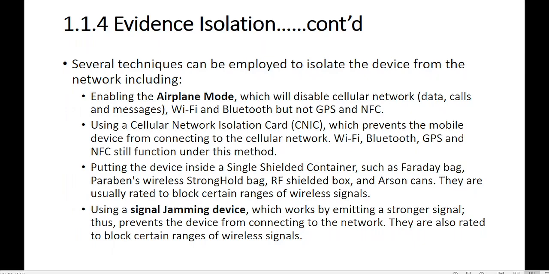So as you can see, these are just some techniques that you can use to isolate the device from the network. We also have some strategies to isolate the device from certain processes, like maybe applications running behind the scene.